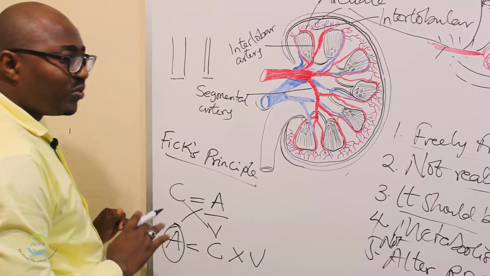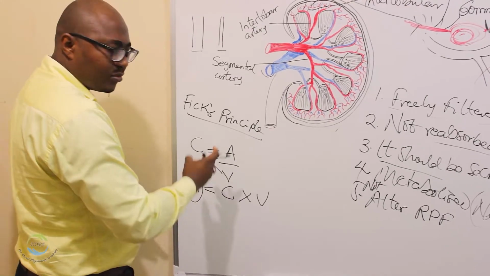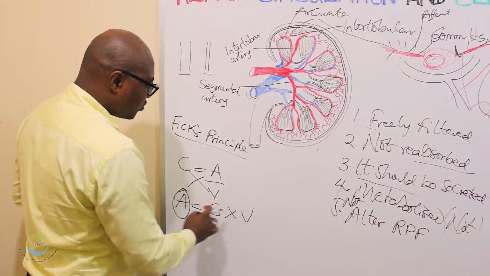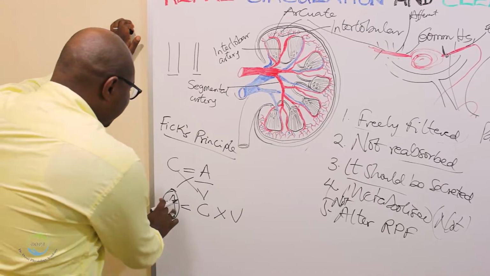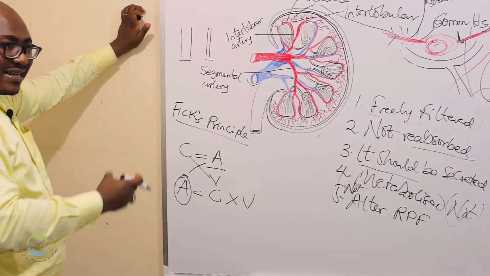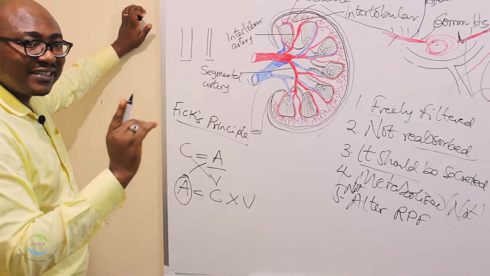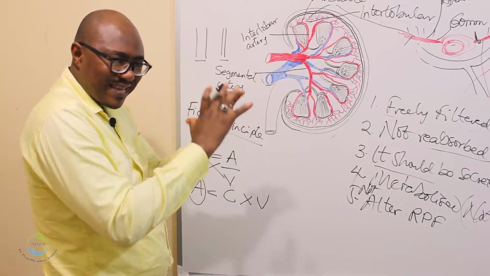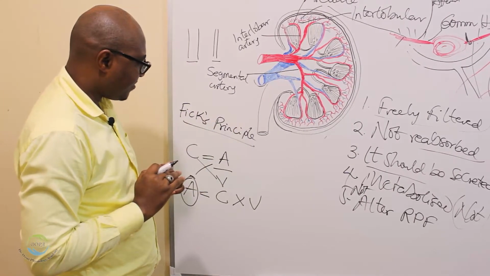So now we said that the amount is equal to the concentration, that's the urine concentration times volume. So we use this formula to get another formula. So this amount here is talking about the clearance, the amount of it that is removed. Clearance, first of all, is defined as the amount of a substance that is removed from a given volume of plasma per unit time.